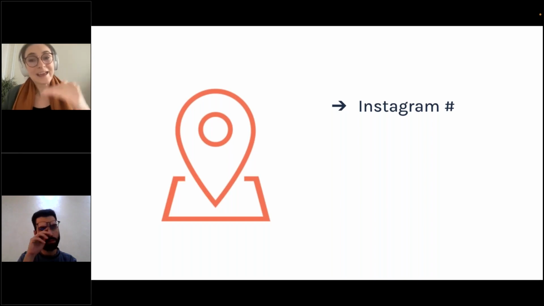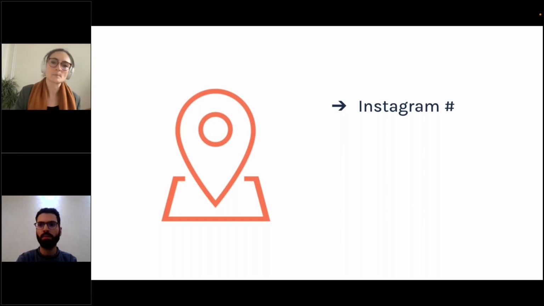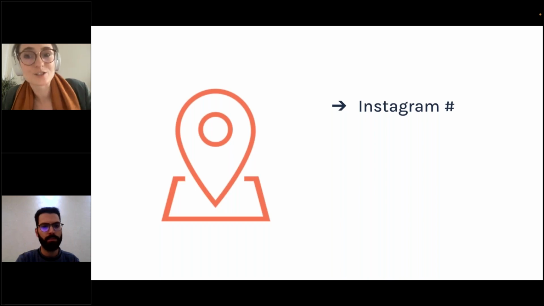By adding it not only to the queries, but also in the custom sources, will allow us to use the Instagram API and collect even more conversations. So we're basically maximizing the conversations that we collect to make sure that we don't miss out on anything.